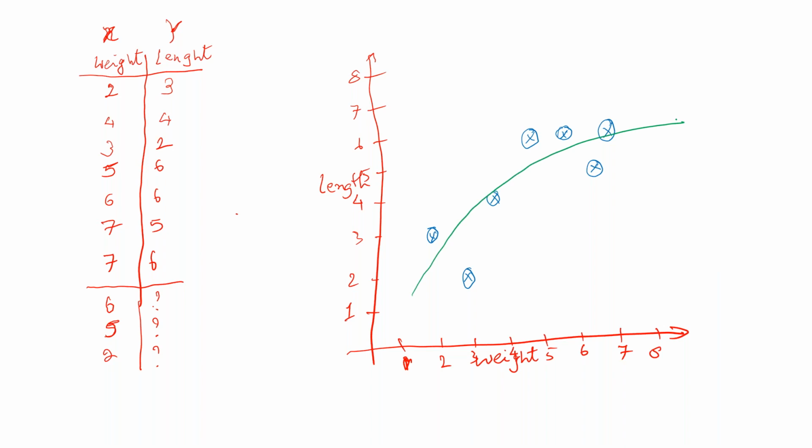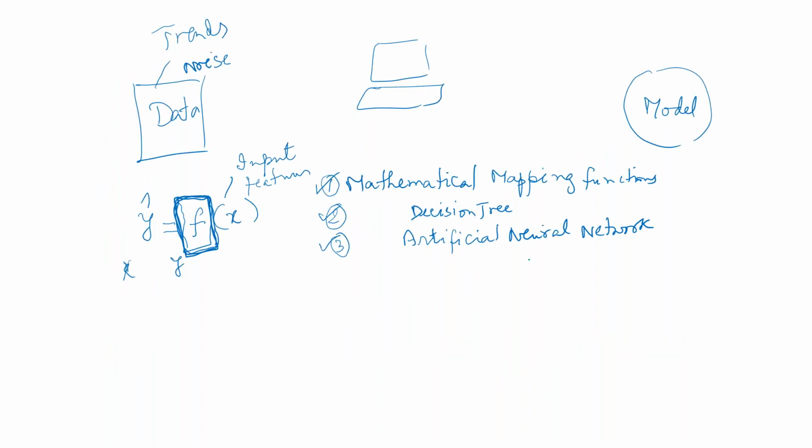Based on my common understanding of the biology of mouse, this is my true underlying relationship. Now my computer should also be able to find that using any of these three techniques: mathematical mapping functions, decision trees, or artificial neural networks. So let us talk about the mathematical mapping function at this moment.